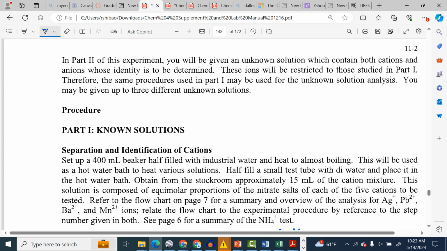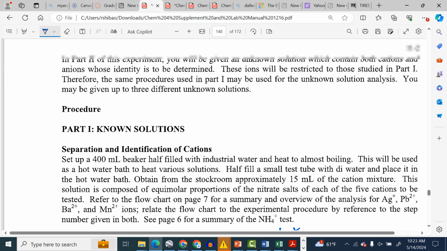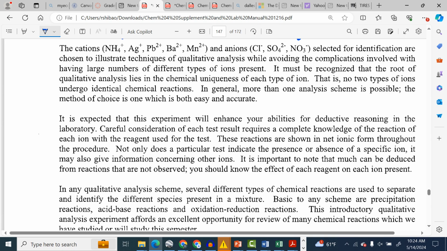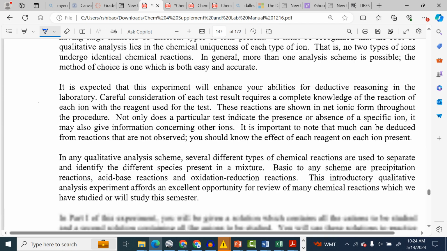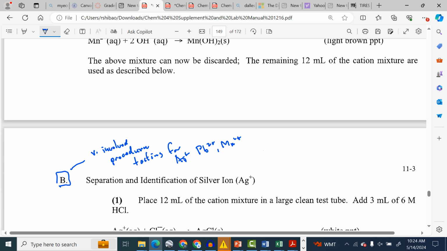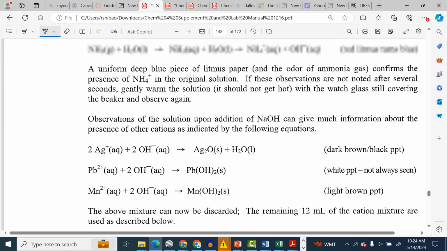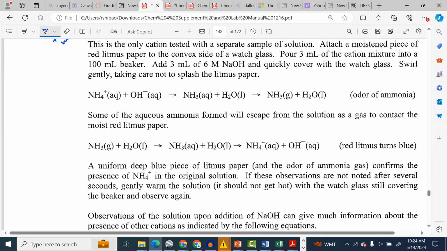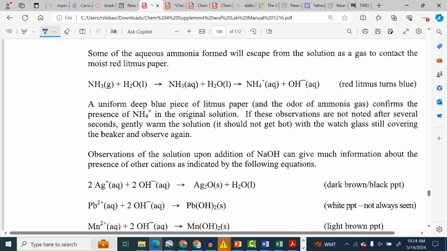Barium. Yeah. Barium. So A might take you a few minutes, but B is going to take you multiple lab periods, maybe 2 lab periods.